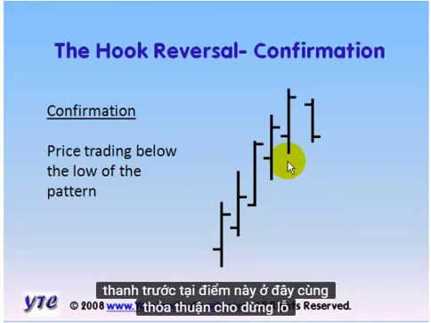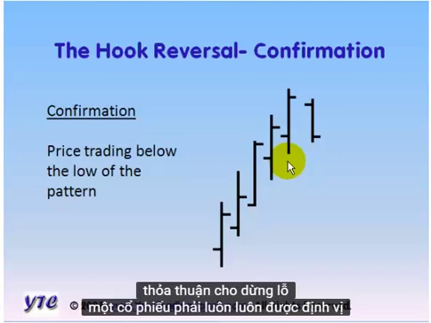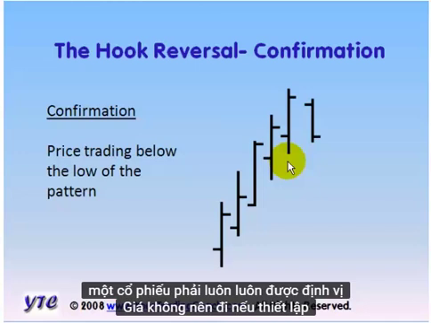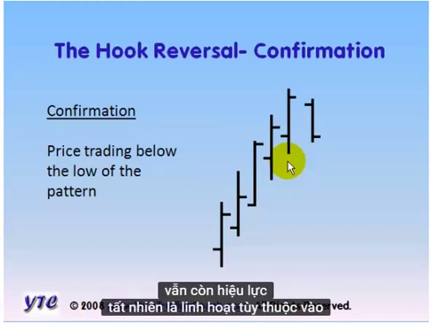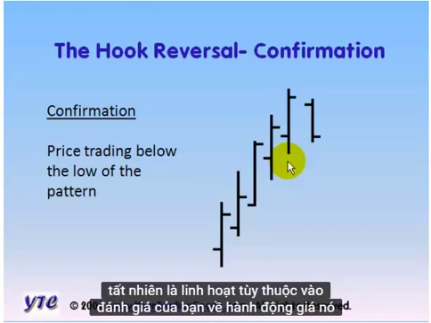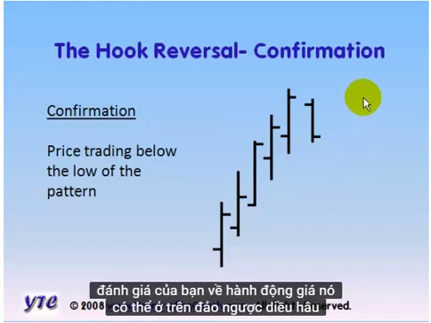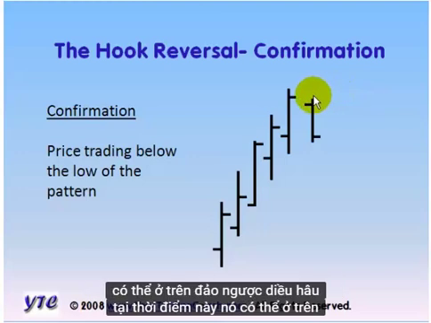Same deal for the stop loss. A stop should always be positioned where price should not go if the setup is to remain valid. Of course, that's flexible depending on your assessment of the price action. It may be above the hook reversal bar at this point here.